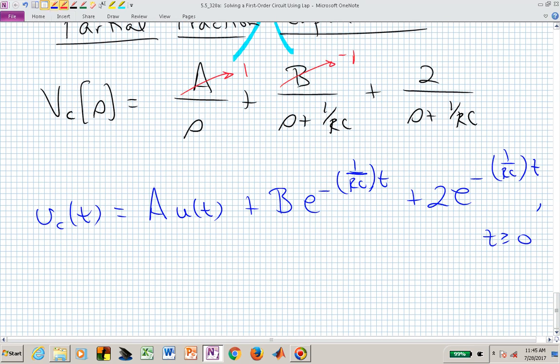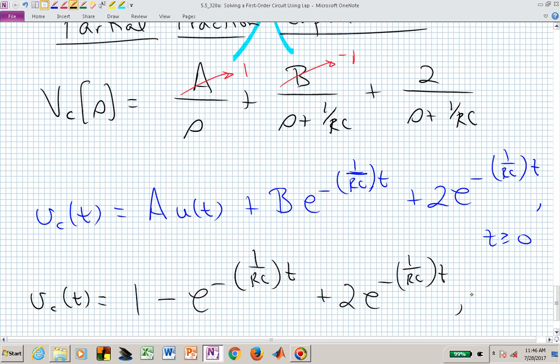So V sub C of t actually becomes 1 times the unit step, and we'll just say that we're only worrying about this for non-negative values of t. So A is 1, u of t is 1, B is minus 1. We now have minus e to the minus 1 over RC t plus 2 e to the minus 1 over RC t for t greater than or equal to 0.